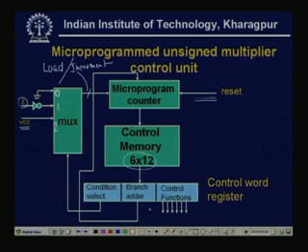Now the control word register, as I already mentioned, has 3 fields. See, this is condition select, branch address and control functions.